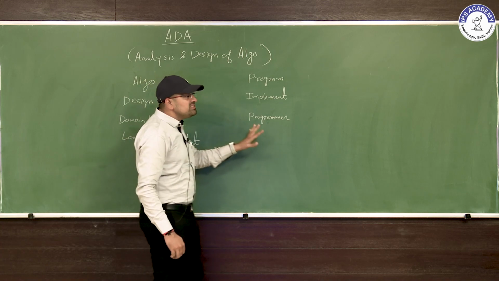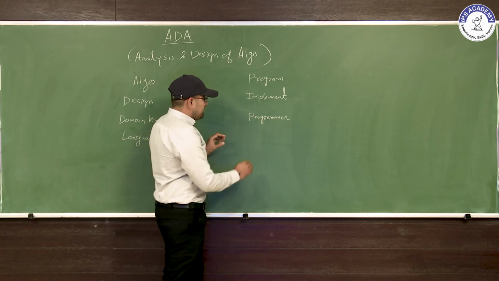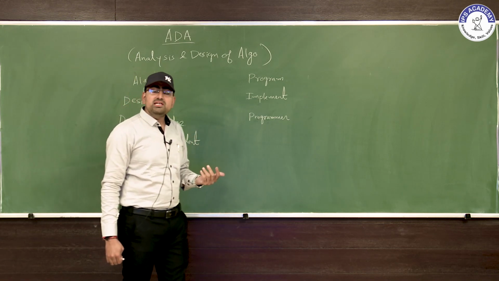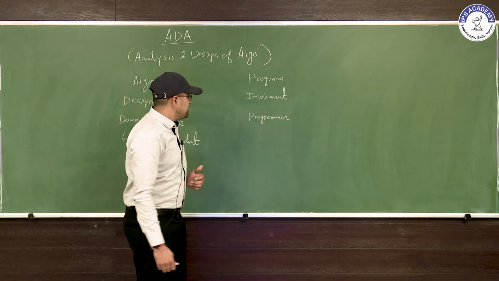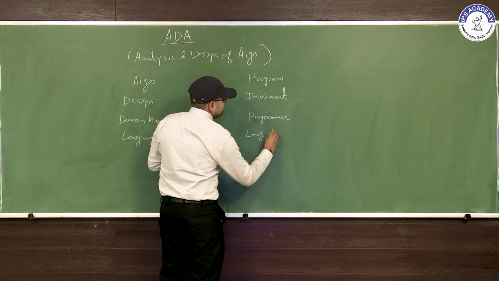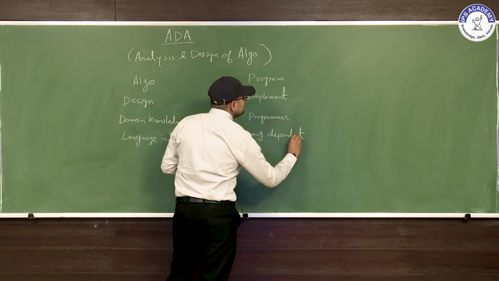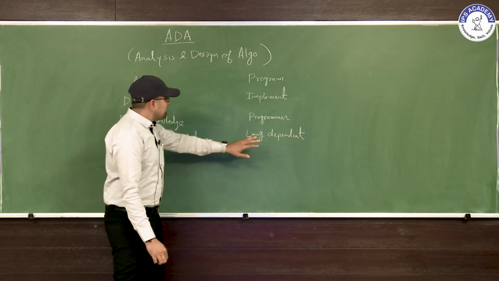As far as program is concerned, it is specific to a particular language, right? Like if we are using C language, then it would be a C program. If we are writing a Java program, then we need to use Java language specifically. So it is language dependent. One program cannot be used universally for all the languages, right? So it is language dependent.